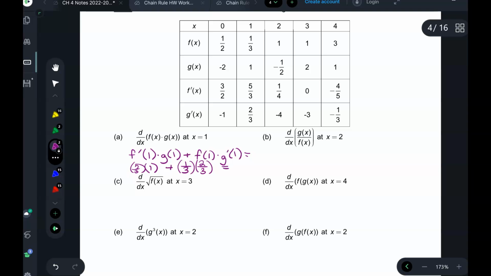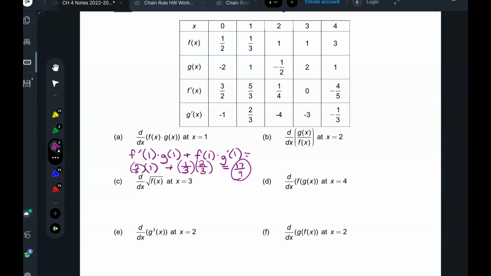So that gives us what? 5/3 plus 2/9. Oh, I had to get 17 over 9. Yeah, right? Because then it would be 15/9 for the first one, right?